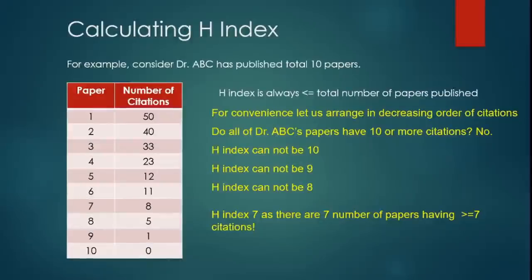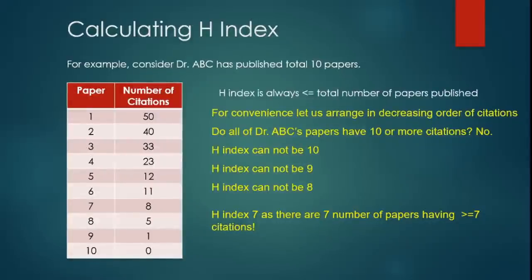So how to calculate the h-index? Here is an example. Suppose Dr. ABC has published a total of 10 papers. I made a list: paper number 1, 2, 3, 4 up to 10, and in the next column I have written the number of citations in descending order, to make it clear to understand.